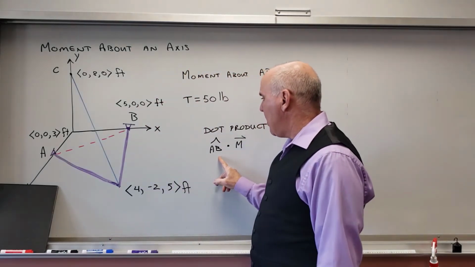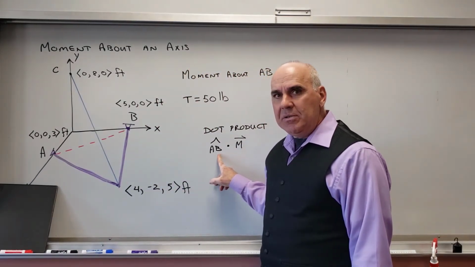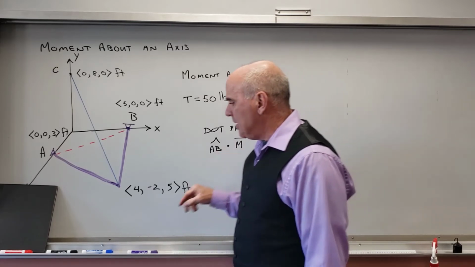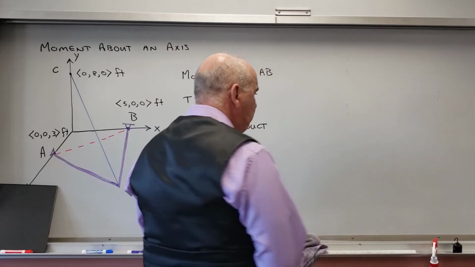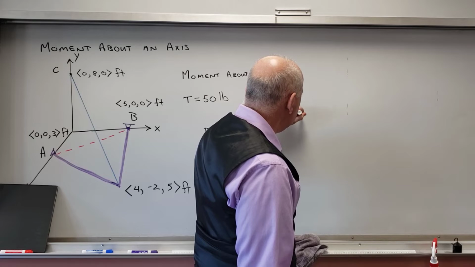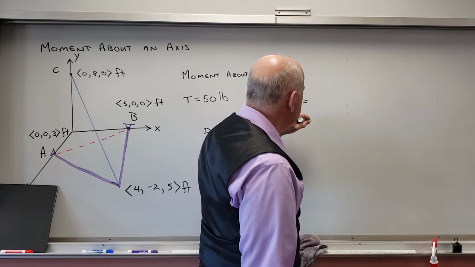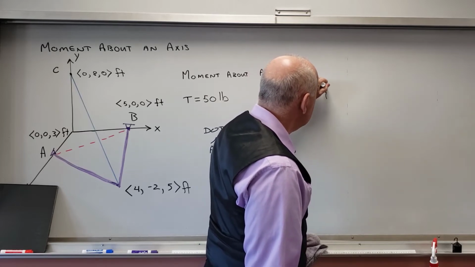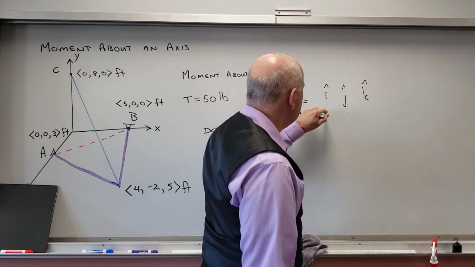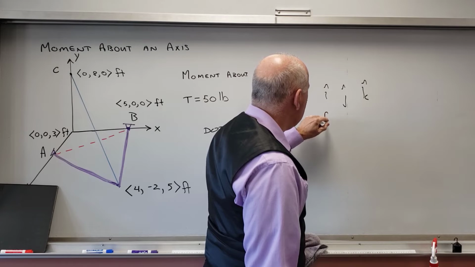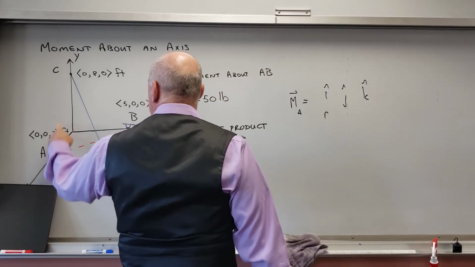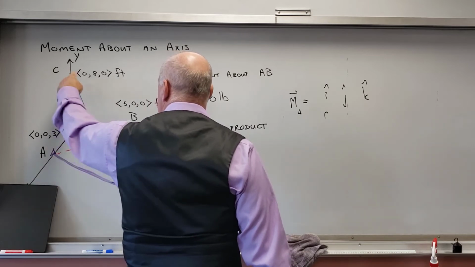So that's the idea of moments about an axis. It's going to be a dot product between the unit vector and the actual moment itself, and we can get that using determinants. Remember that the moment about A is equal to the determinant of I, J, and K, and then r, which goes from A to the line of action of the tension.